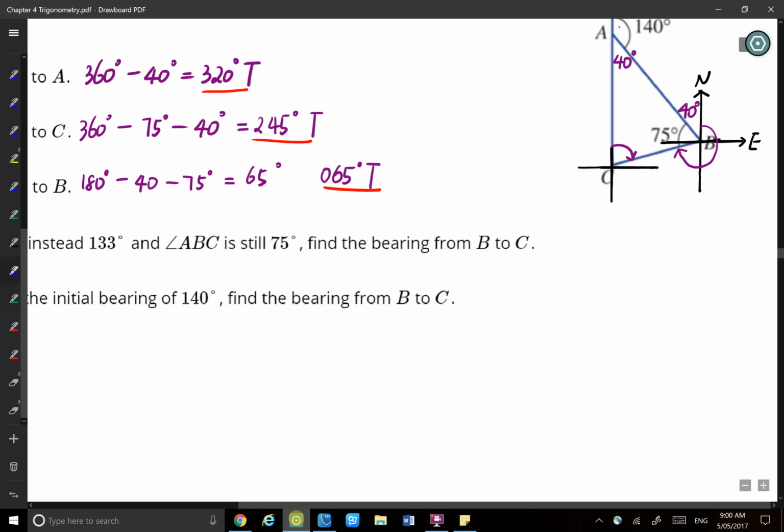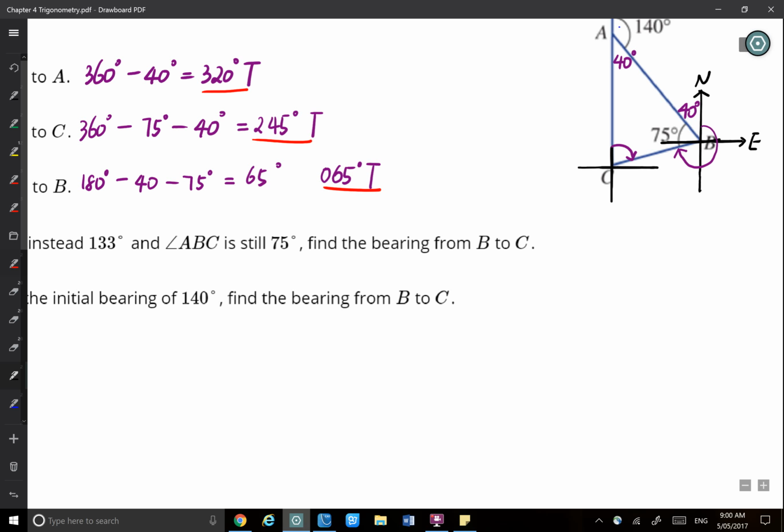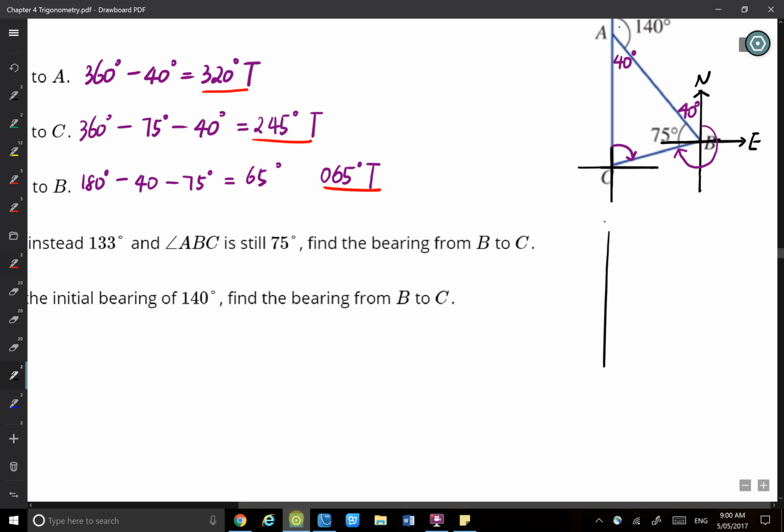Let's draw this again. Have a black pen. Let's say we have north, and this is the point A. And this is 140 degrees.